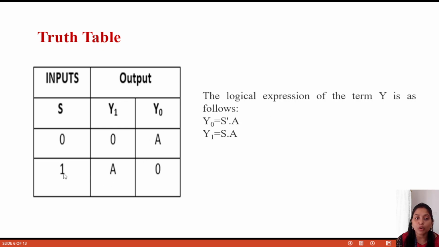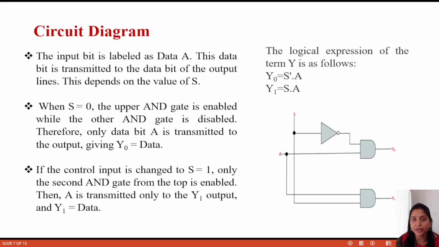When select input or control input is 1, then input A will go to Y1. So according to this, Y0 will be S bar A, and Y1 is S into A. This is the logical expression of the output.